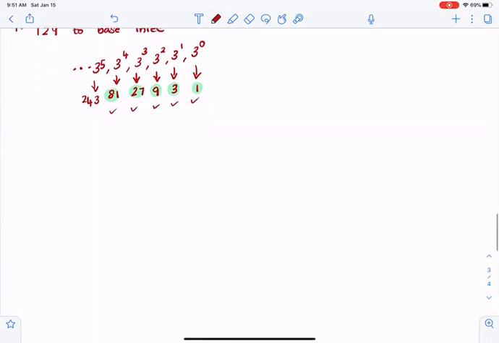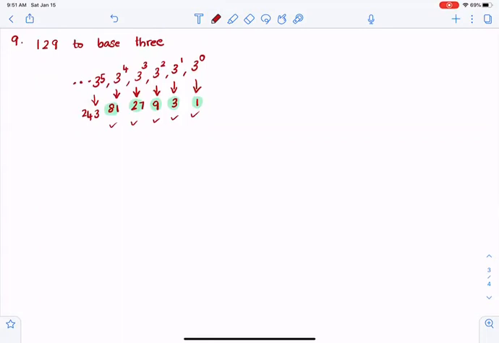So let's start from the left. 129, we have to divide by 81. 81 times 1 is 81, because 81 times 2 is 162, and that is going to exceed 129. So if I subtract, I will get 48.